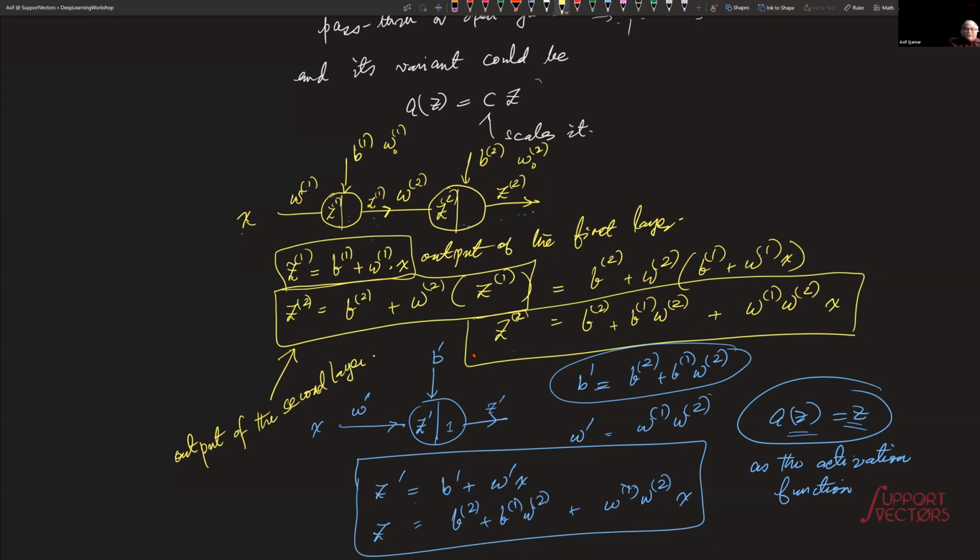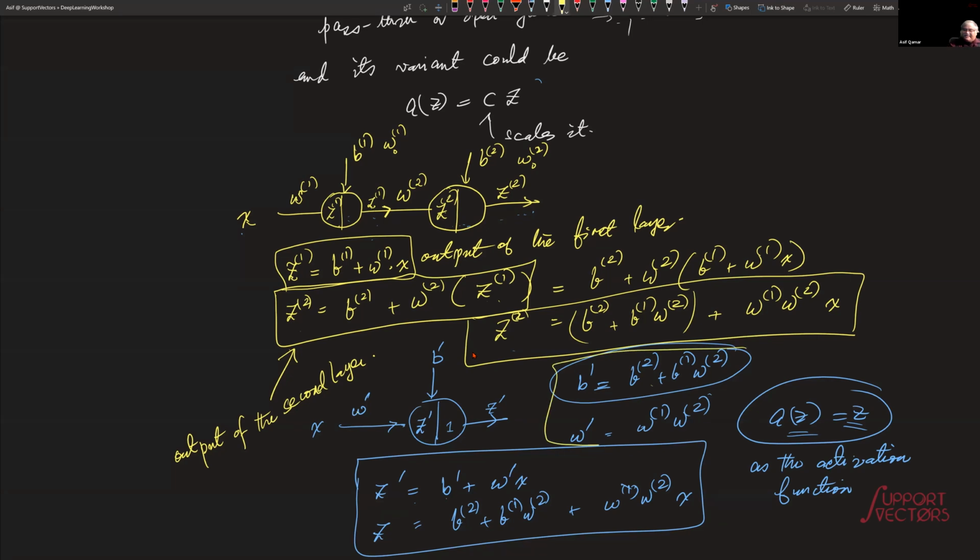But the thing is, when you plug in Z1 here, you can expand it out. And when you expand it out, you notice something very interesting. There is grouping in the terms. And so you can actually write an equivalent single neuron that will do the job, so long as its weights and biases are defined like this.